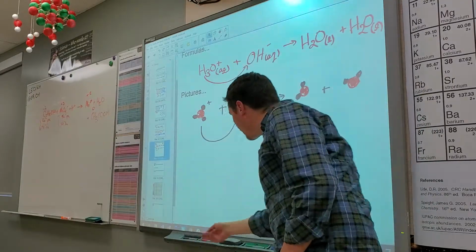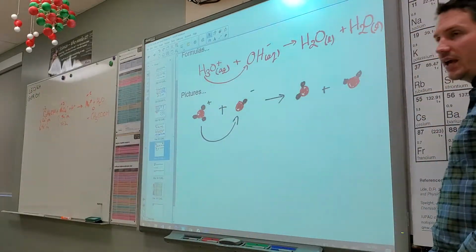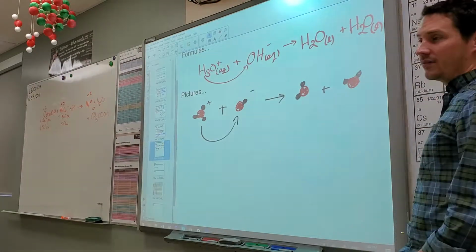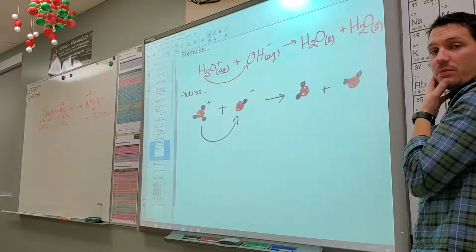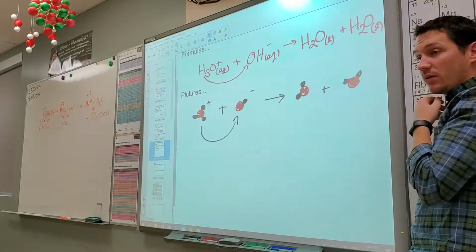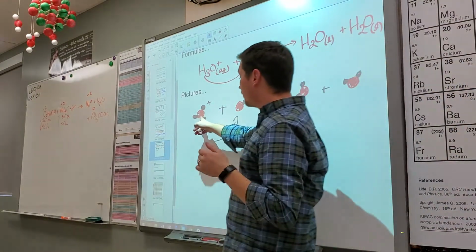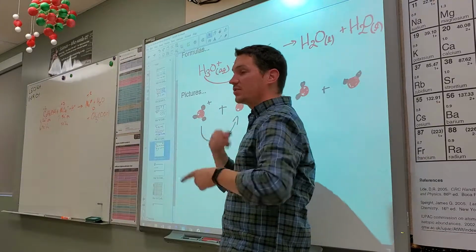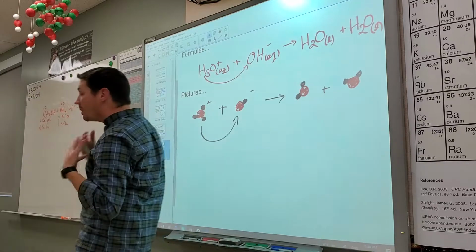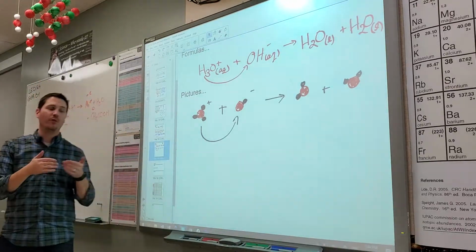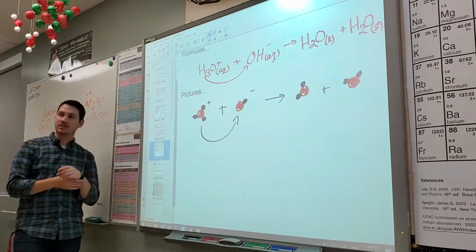Now you might think, yeah, okay, Walton, I get it, no problem, whatever. But this way of visualizing chemical reactions is really powerful for us. This idea of protons being able to get transferred from one thing to another is going to become really powerful for us later on in the semester.